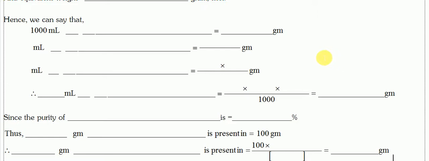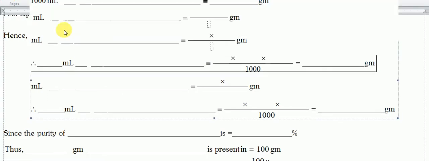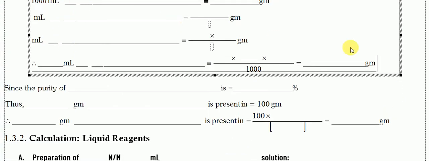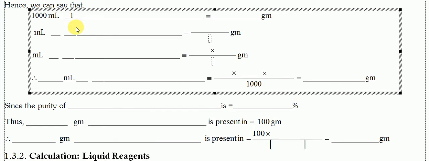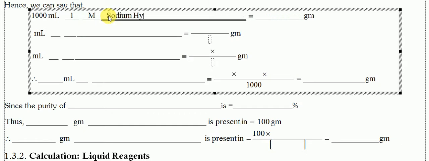We can use that formula, but in this case we will use another one. We have to write: 1000 ml 1 molar sodium hydroxide is equivalent to 40 gram.